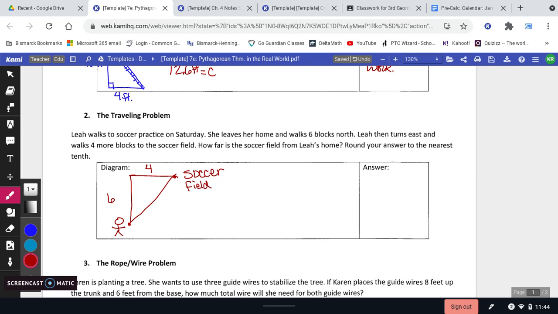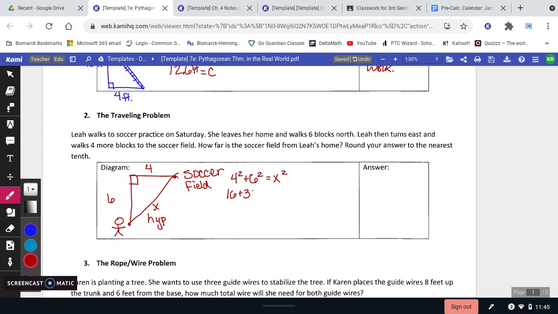So if she could cut across everybody's yards, how far is it just to go from her house straight to the soccer field? Well, again, this is the hypotenuse. It's opposite your right angle, so that's going to be the side c, so the c squared. So it'd be 4 squared plus 6 squared equals x squared.